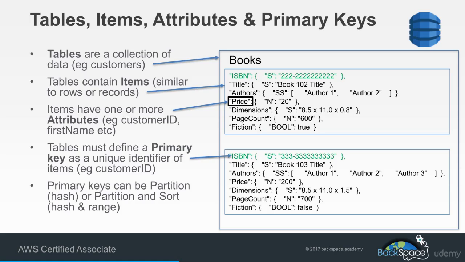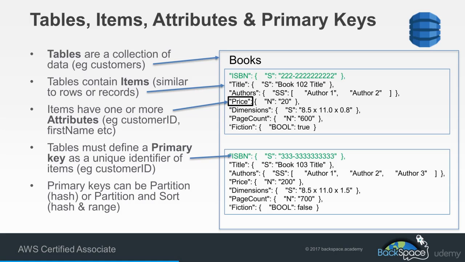Just looking here on the right-hand side, there's a diagram of a books database. This could be a bookstore or a library or whatever. In our bookstore or our library, we've got individual books, items. So we've got a books table, and inside of that we see we've got two books that I'm showing. Each book will have attributes.